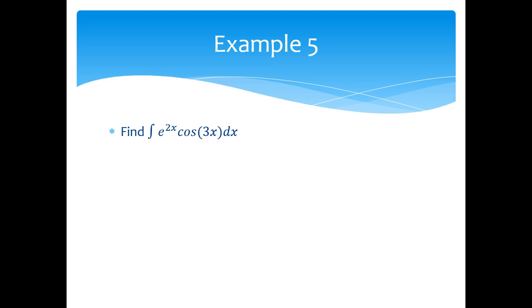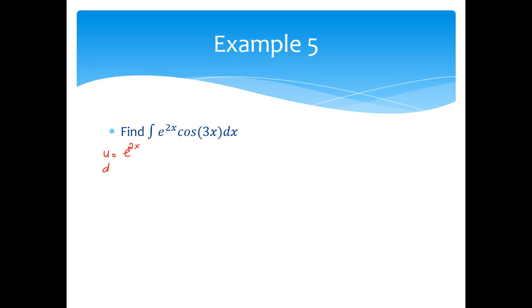Okay, so in this problem, this would be a lengthy problem. We want to find the integral of this. Our choice of u, let's say u is equal to e to the 2x.